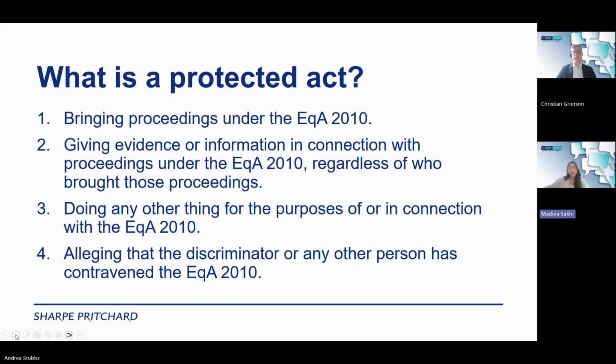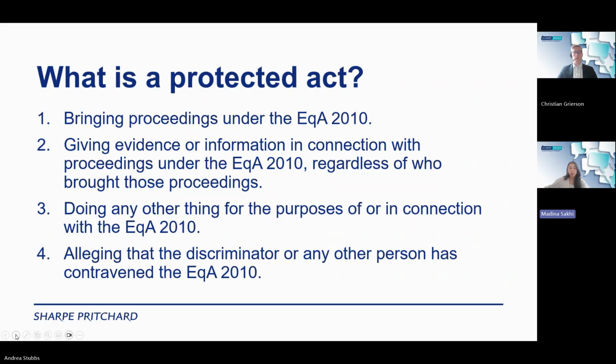However, if an employee brings a discrimination claim under the Equality Act, for example, claiming that their dismissal was related to a protected characteristic like disability or race, that would count as bringing proceedings under the Act and therefore would be protected.